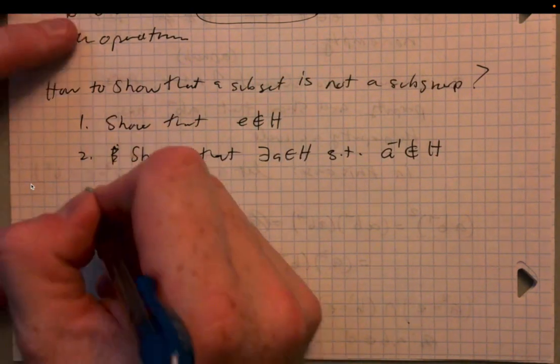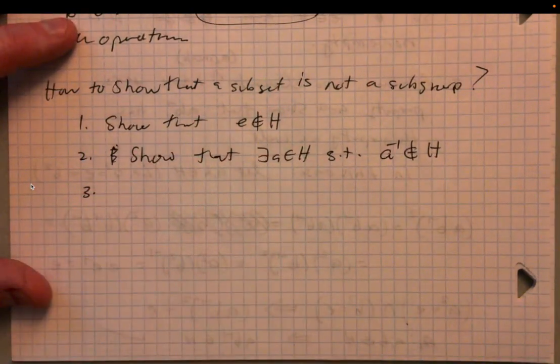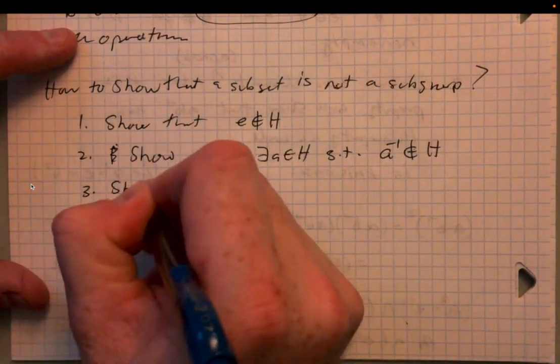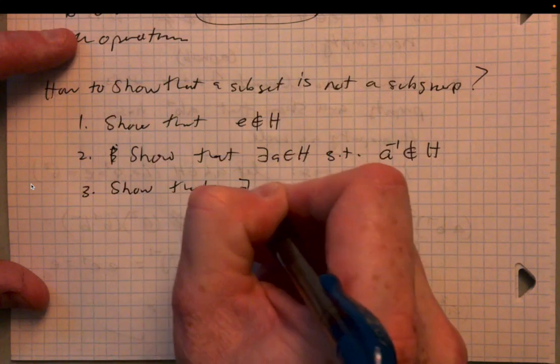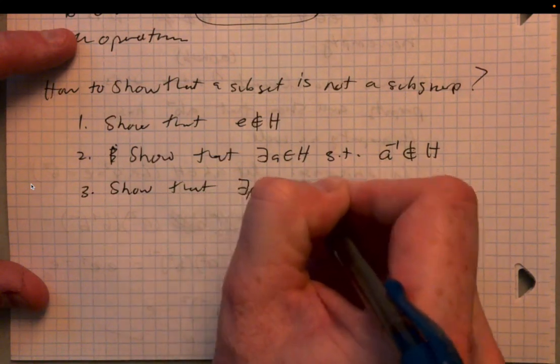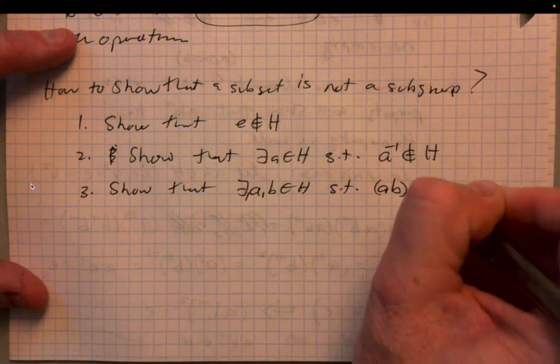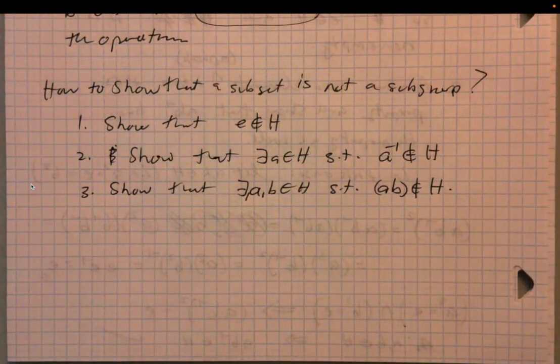And then the last option would be to show that closure fails. Show that there exist A, B in H such that AB is not in H. So closure fails, a failure to stay within the subset.